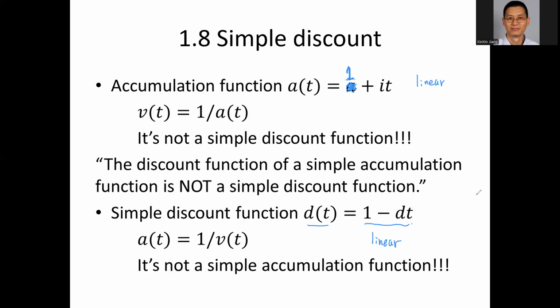So this is something I want you to be aware of. Simple discount is the discount function being linear. It doesn't come from the simple accumulation function.